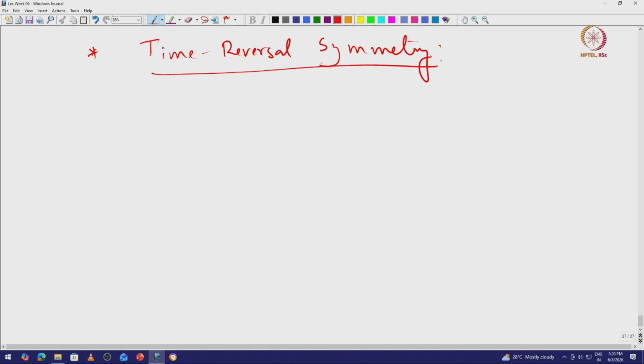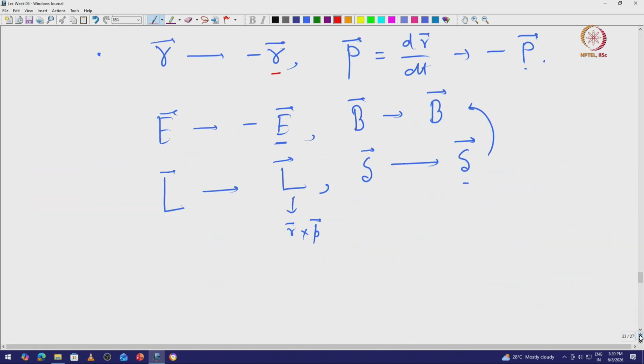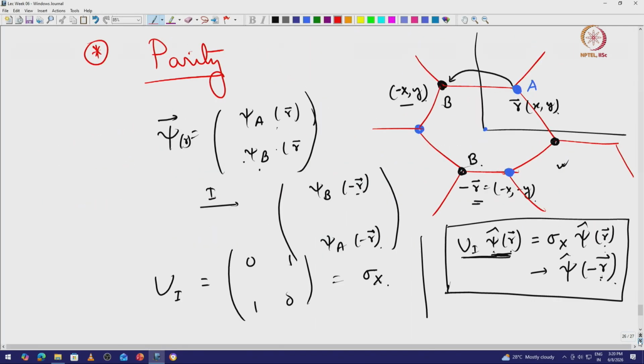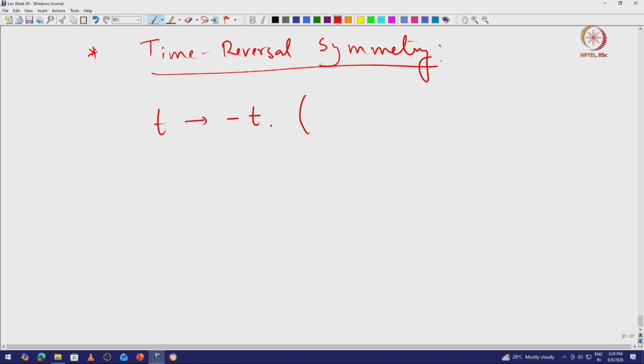So, time reversal symmetry. T goes to minus T by definition. I will make a caveat here. Unlike these cases where they were operators and change under symmetry, T is strictly speaking not an operator. Time is not a dynamical variable. So, T is not an operator.